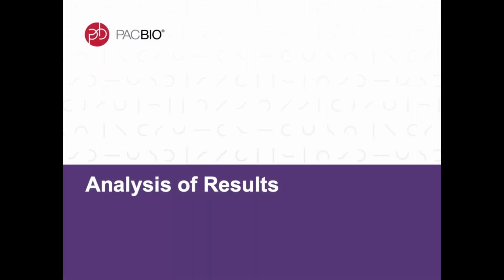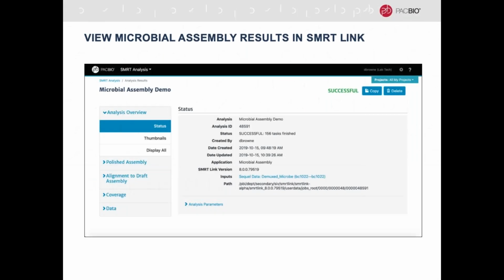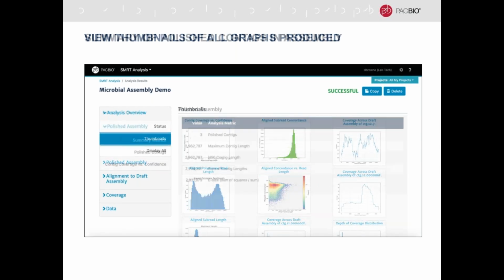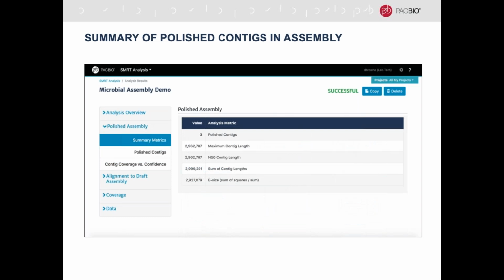So once that has finished, you will see a page like this one that contains all of the analysis results. So the thumbnails has all of the plots that were generated. You can look at the polished assembly statistics. There's some summary metrics right here.